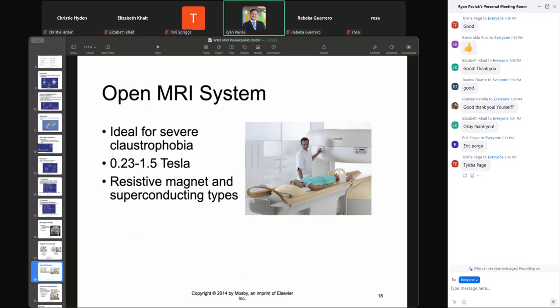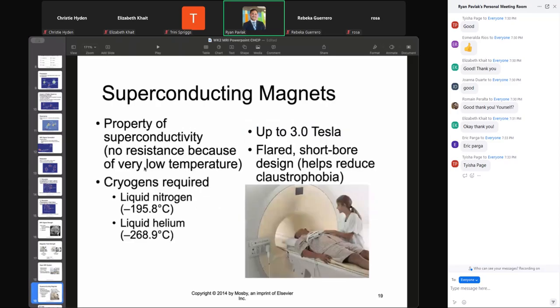However, as an MRI tech, talking to your patient, being able to get them to relax is a major part of the job. You do have to have some really good interpersonal skills to be able to be an MRI tech. The bad things about the open MRIs are that because they are a lower field strength, image quality is not going to be as good, and the imaging is going to take significantly longer.